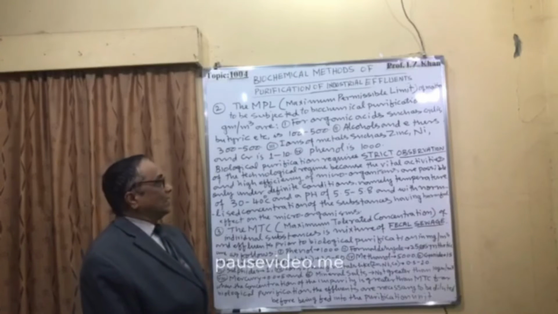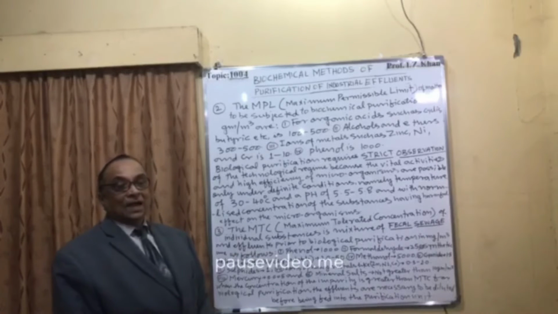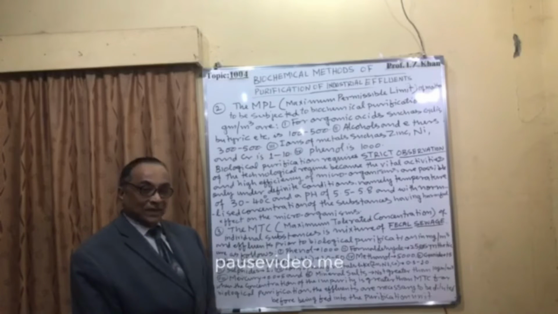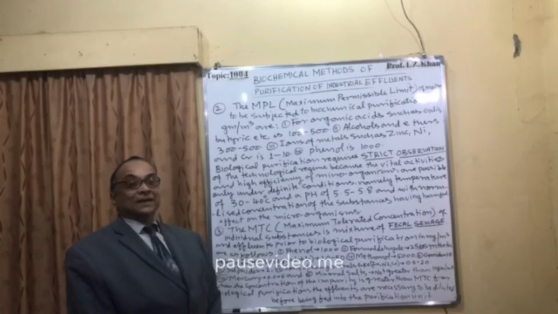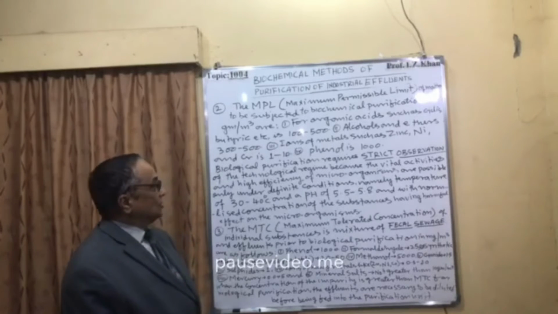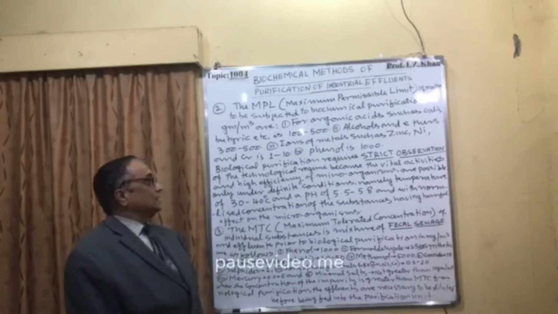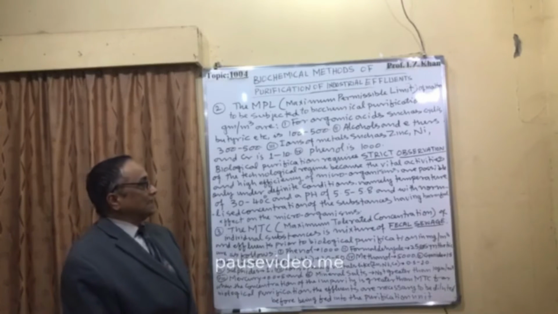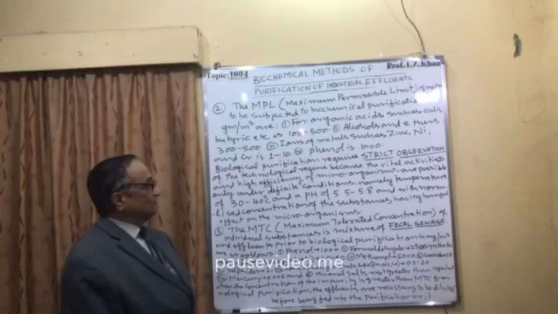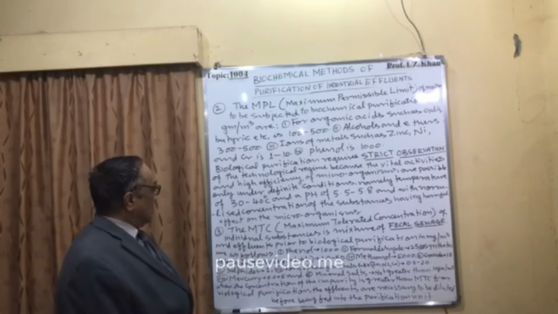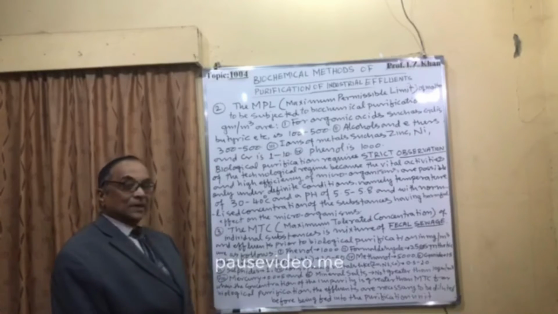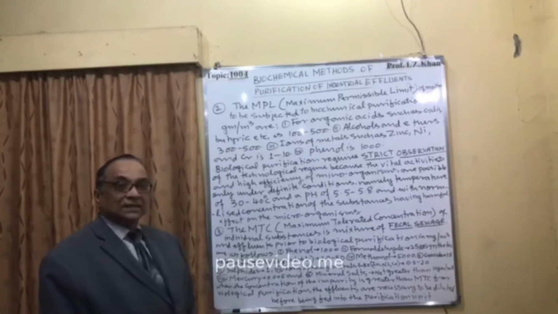Biological purification requires strict observation, especially of temperature and pH, which are very important, and if they are not properly maintained, then the biological purification is not possible. So the technological regime must be observed, because the vital activities and high efficiency of microorganisms are possible only under definite conditions, namely a temperature of 30 to 40 degrees centigrade.